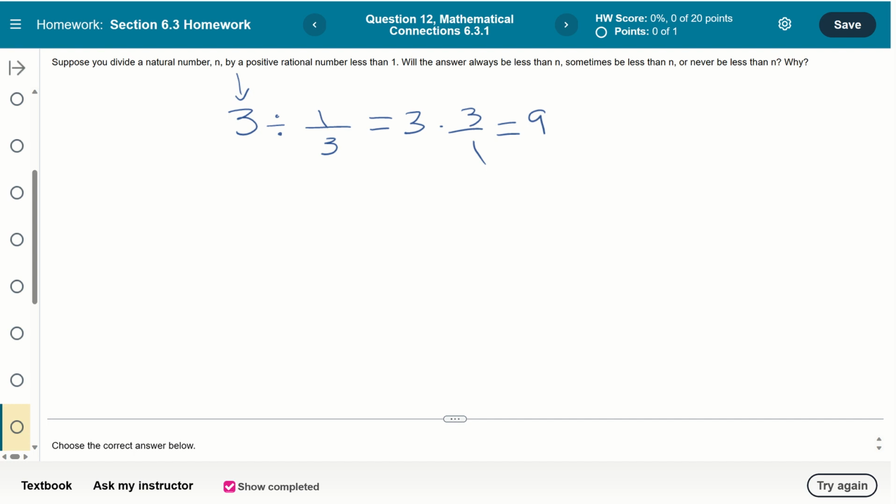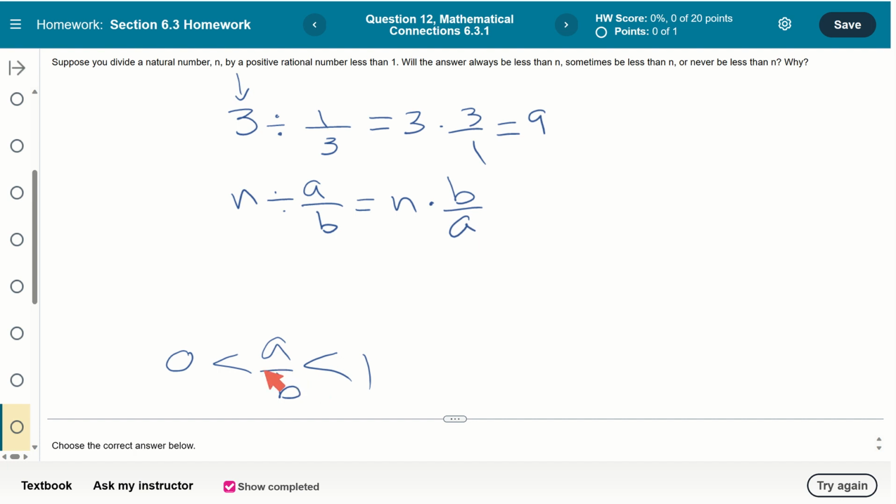But let's see if we can generalize now. So we're dividing n by some a over b, right? Keeping in mind that a over b here is less than 1, but greater than 0. In other words, our a over b is kind of sandwiched between 0 and 1, right? Notice that this is going to become n times b over a.